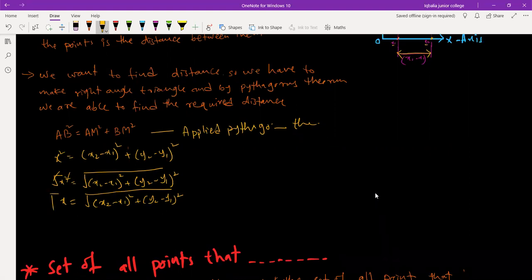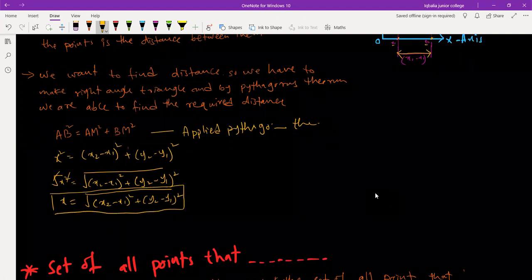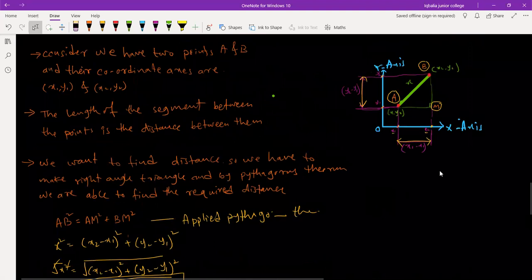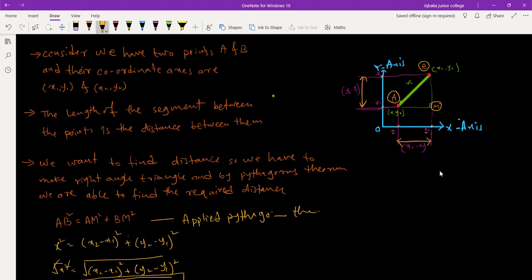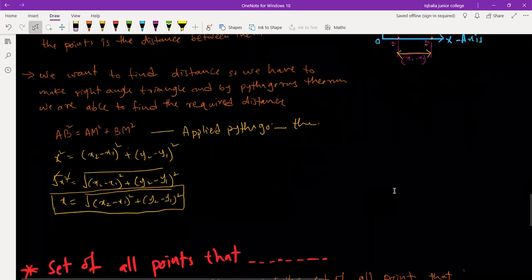So this is the distance x. Now in the figure, I had to find x, and here I found x. So this is the distance between 2 points.